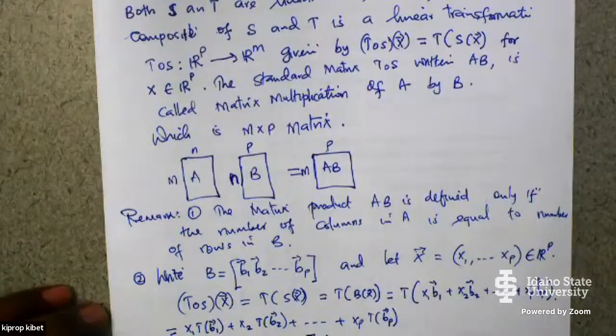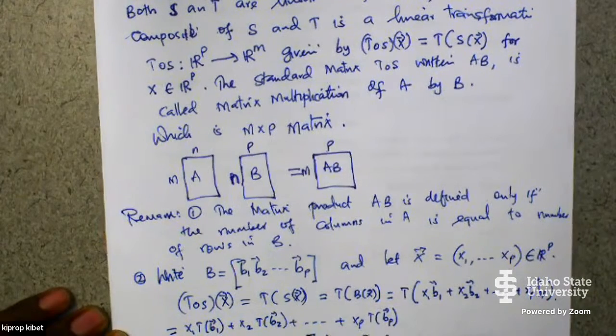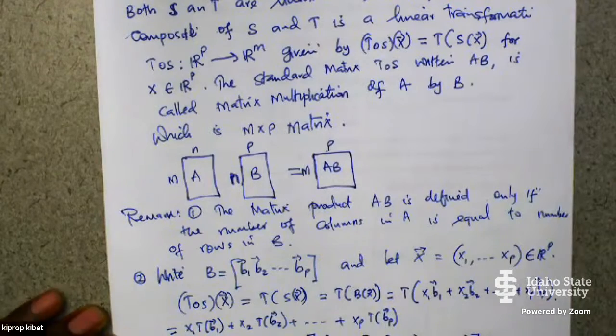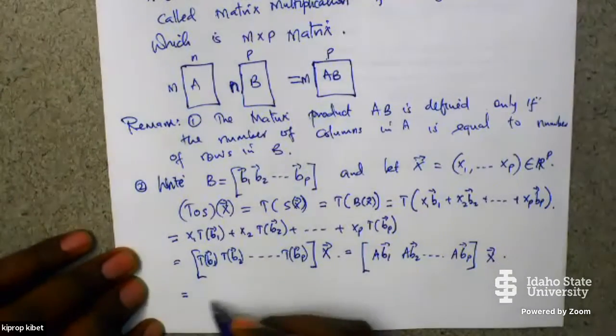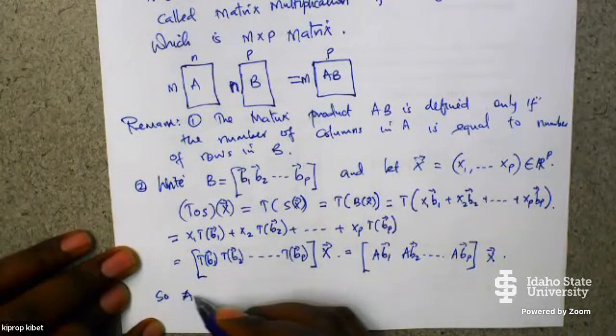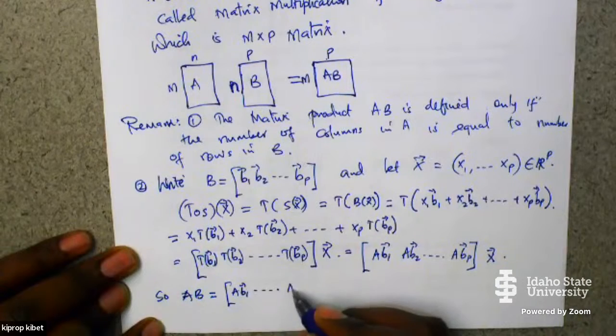And basically, this is the same as multiplying the matrix with columns A B1, A B2, all the way to A BP, by X. Therefore, AB is the same as the matrix with columns AB1 all the way to ABP.